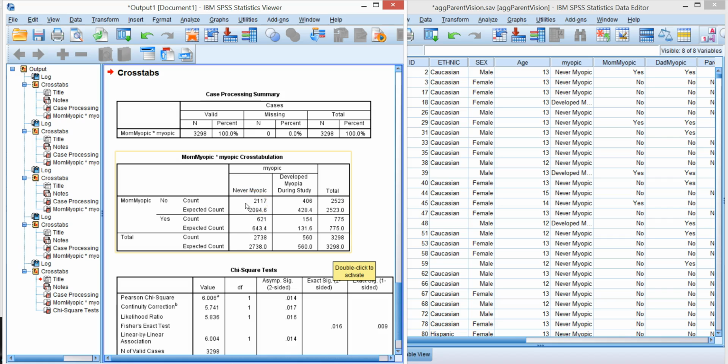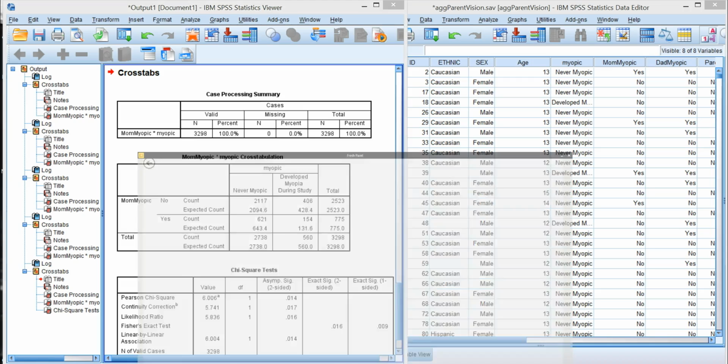And multiplying that probability times the total 3298 gives you the expected value. So it's expected by chance that this cell contains 2094 observations. And it's a little bit more than that in actuality.